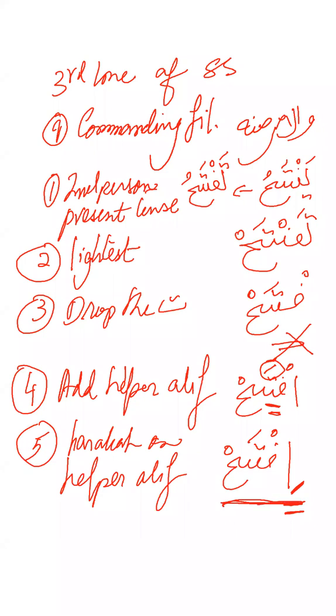Remember we did aslama, and the commanding fail was aslim. So that's the only commanding fail that has a fatha on the hamza. This is the same process we did in all of the previous families, and it will remain the same.